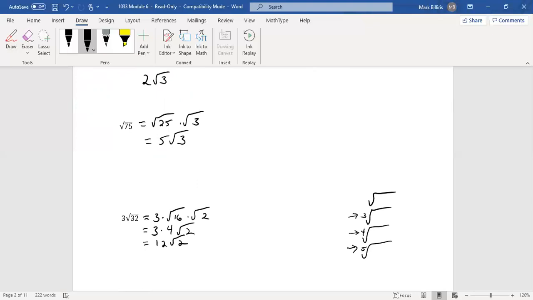The index tells you how many times a number needs to be multiplied times itself to give you the radicand. So when I look at the cube root of 8, for instance, I'm not saying what multiplied times itself gives me 8. What number multiplied times itself 3 times gives me 8, and that would be 2.